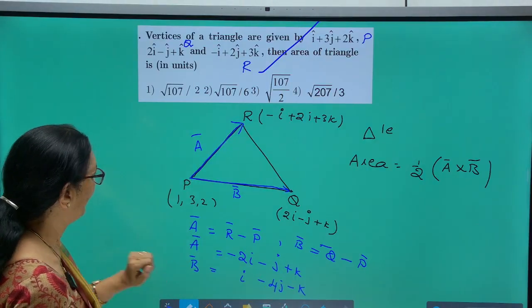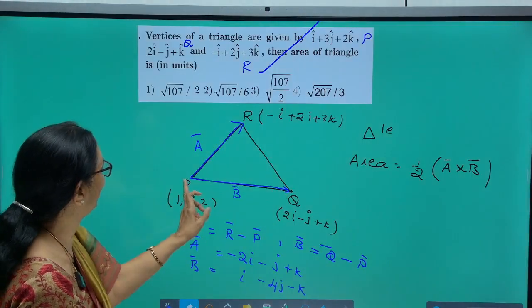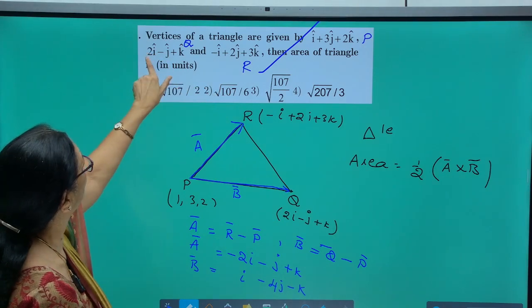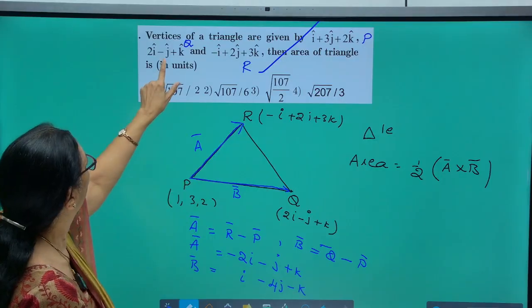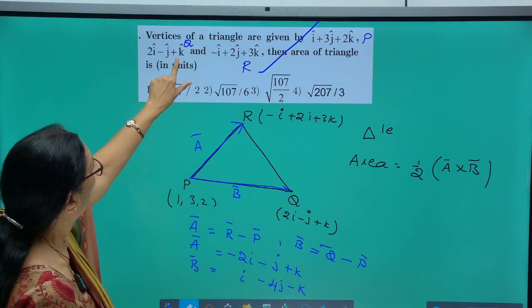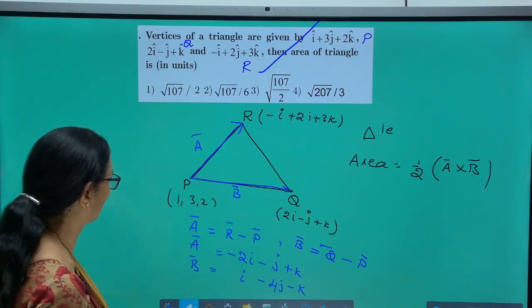And B bar is equal to Q minus P: 2 minus 1 is 1, minus 1 minus 3 is minus 4, 1 minus 2 is minus k bar.